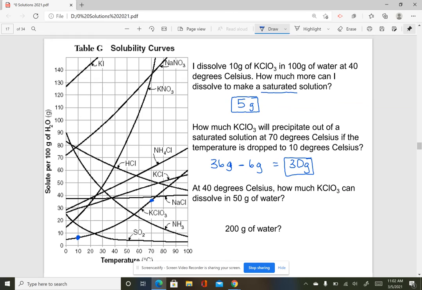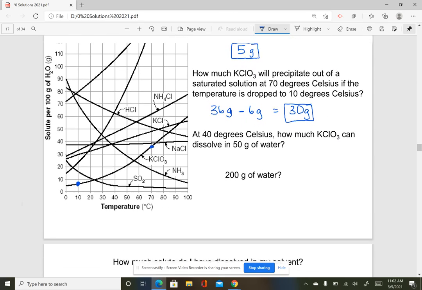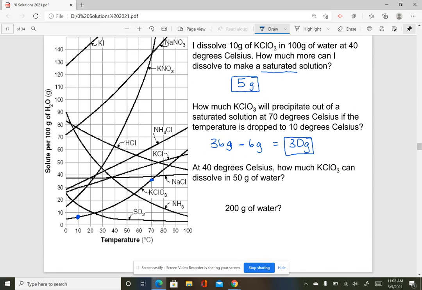All right, last question, and then I'm going to give you guys some practice on your own. At 40 degrees Celsius, how much KClO3 can dissolve in 50 grams of water? Okay, so guys, this is so important here. This graph is specifically for 100 grams of water.